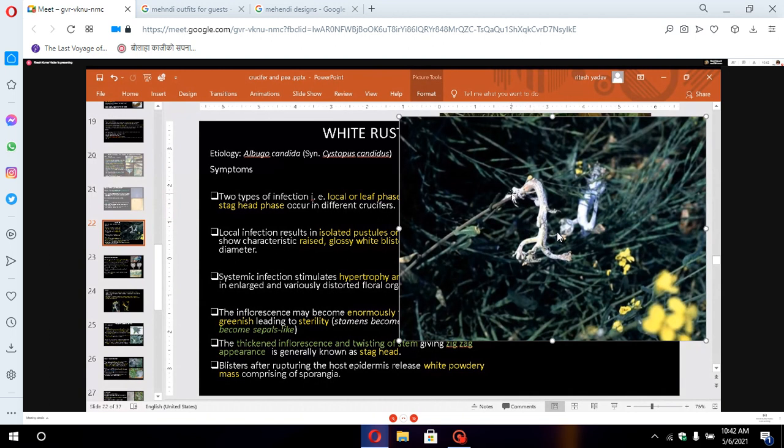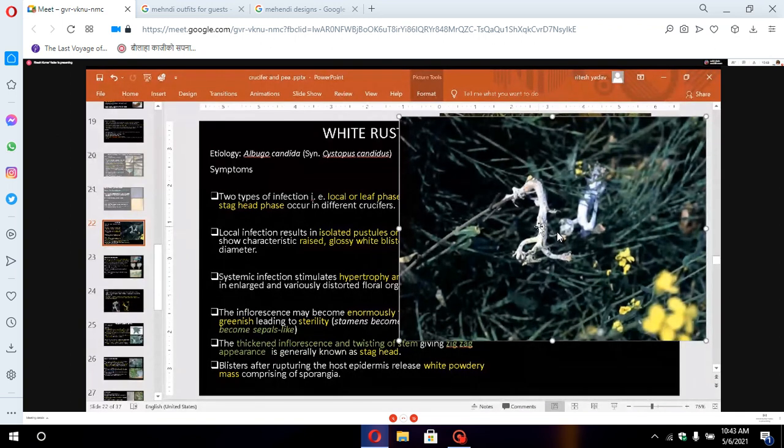In this case, due to activity of the pathogen, the stamens, you know, the anther is on top of the stamen, become leaf-like and green just like leaves, and petals become just like sepals.